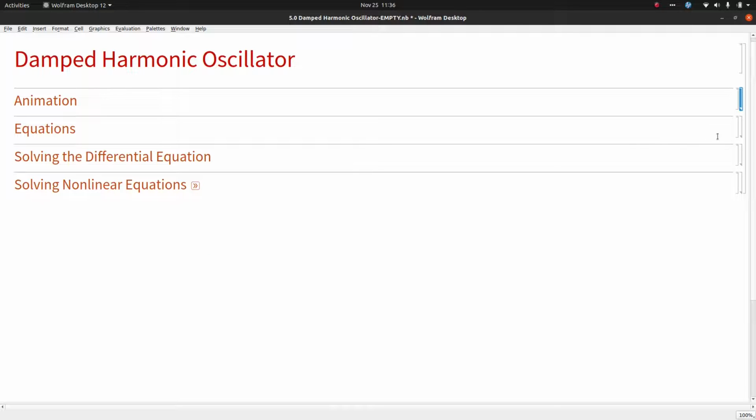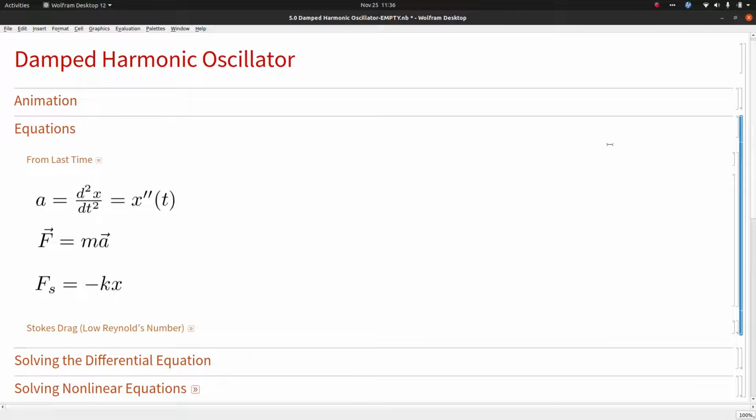So if we look at our equations from last time, you can see we started with the definition of acceleration, which says that acceleration is the second derivative of position with respect to time, which we can write as x double prime. We worked with Newton's second law, which says that if you add up all of the forces on an object, you get its mass times its acceleration.